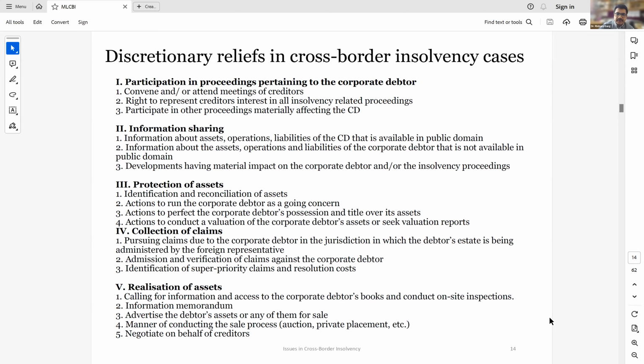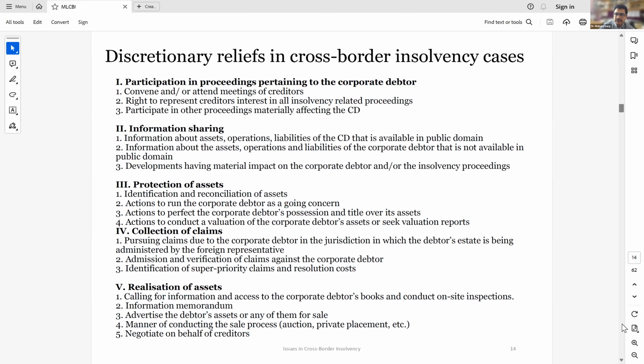First, participation in proceedings pertaining to the corporate debtor. Secondly, information sharing. Thirdly, protection of assets. Fourthly, collection of claims. And fifth, the realization of assets. These five discretionary reliefs are within the discretion of the adjudicatory authority. If it considers fit, given the facts and circumstances, these reliefs can be applied.